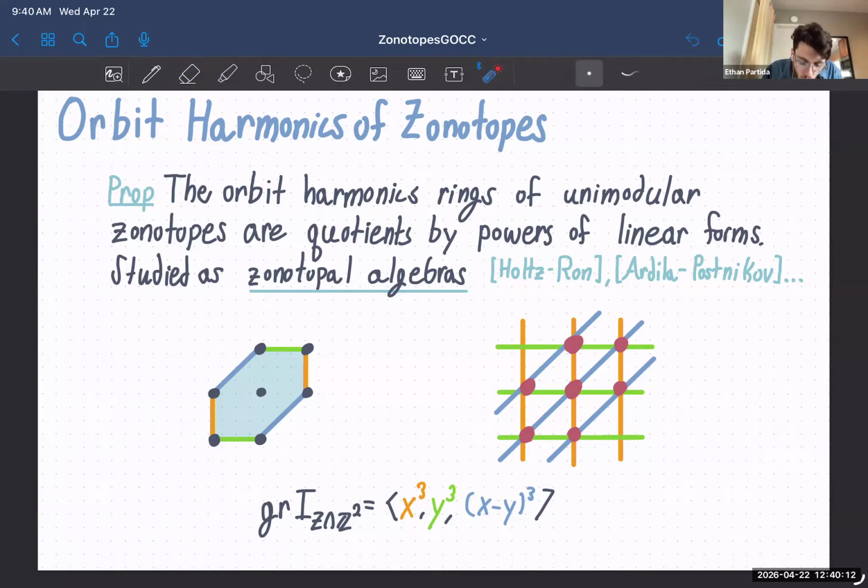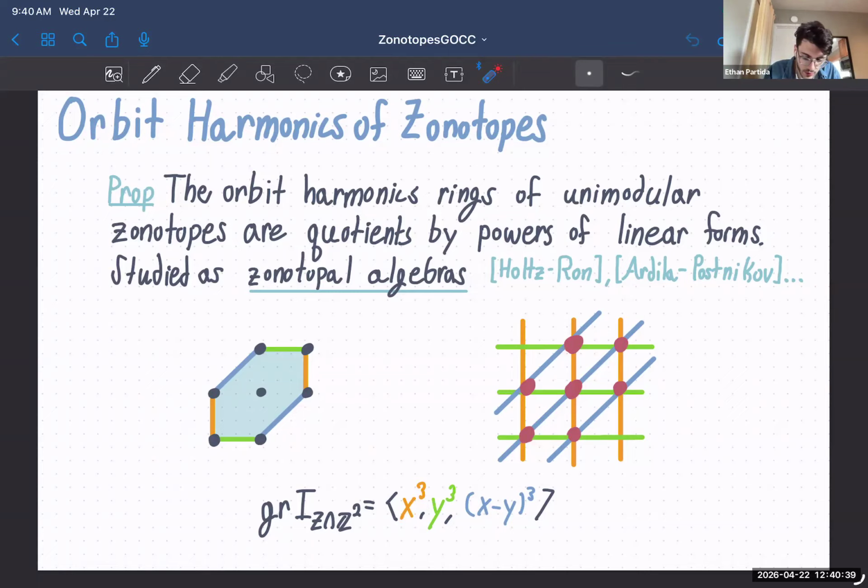And the idea for why this is true is nicely illustrated through our example. Basically, every zonotope will have these sets of parallel faces. And these parallel faces are cut out by some linear equations. Right, so this green one here was cut out by x. And then what I want to do is take this equation and take a bunch of affine translates of it, which was what we were doing here.